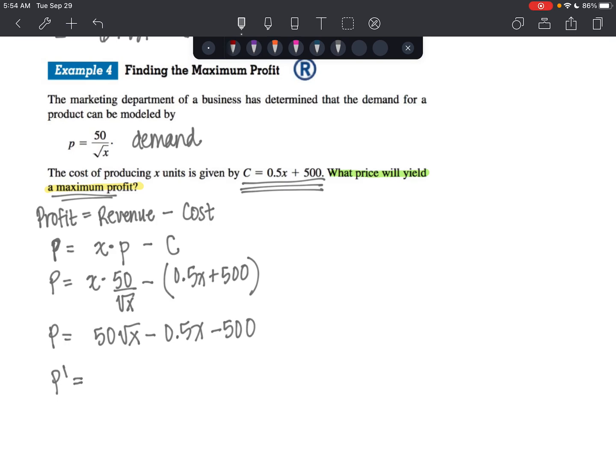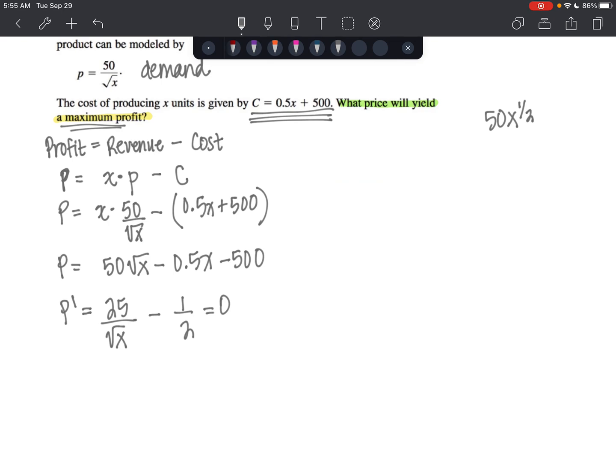I'm going to find the maximum number of units by finding the first derivative of profit. So 50 times x to the 1/2, 1/2 times 50 is 25, and then subtract 1 from the exponent. I get negative 1/2, so I'm going to put that over the square root of x. Minus 0.5 is just 1/2. I'm going to set that equal to 0 and solve.